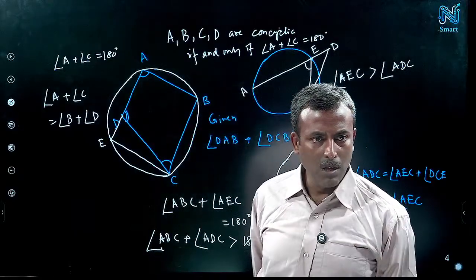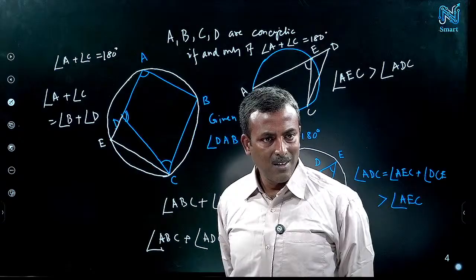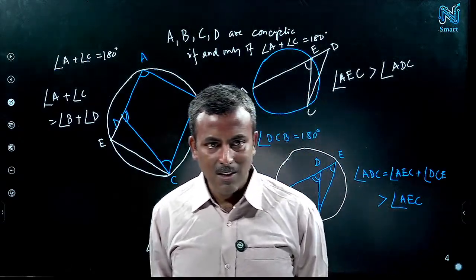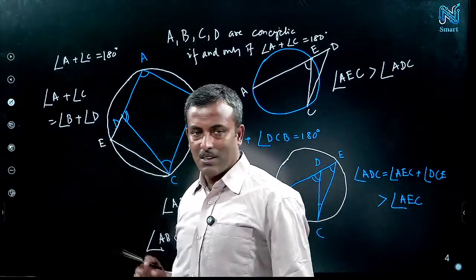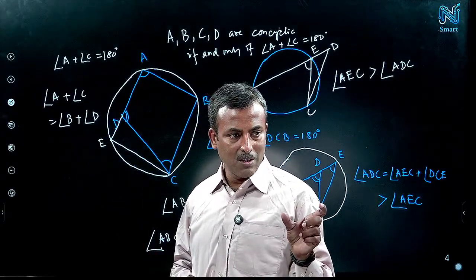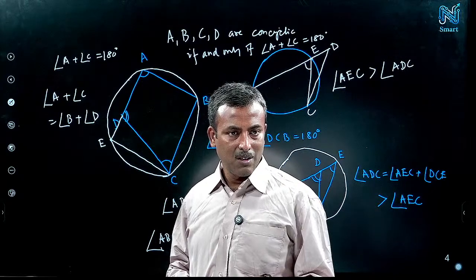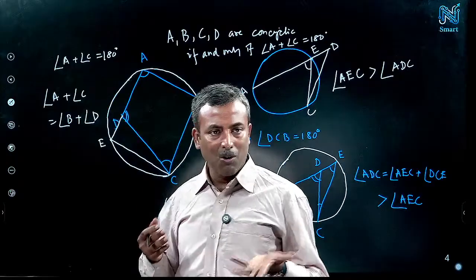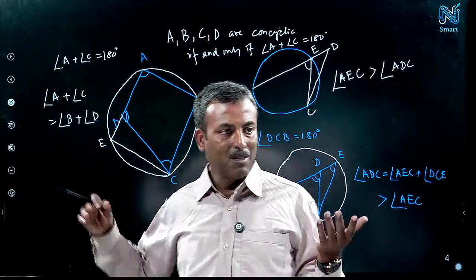Yes, because the sum of four angles is 360 degrees. Since the sum of two of them is 180 degrees, the other two must be 180 degrees, right? That means they are equal. So, if A plus C is 180 degrees, automatically B plus D is 180 degrees.